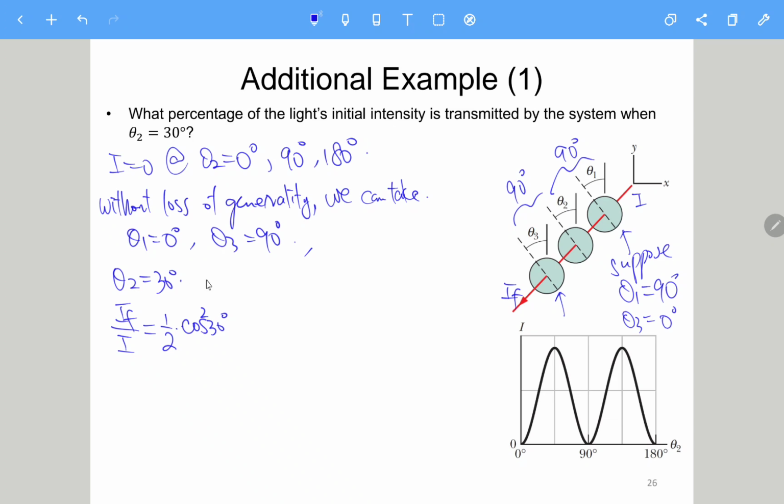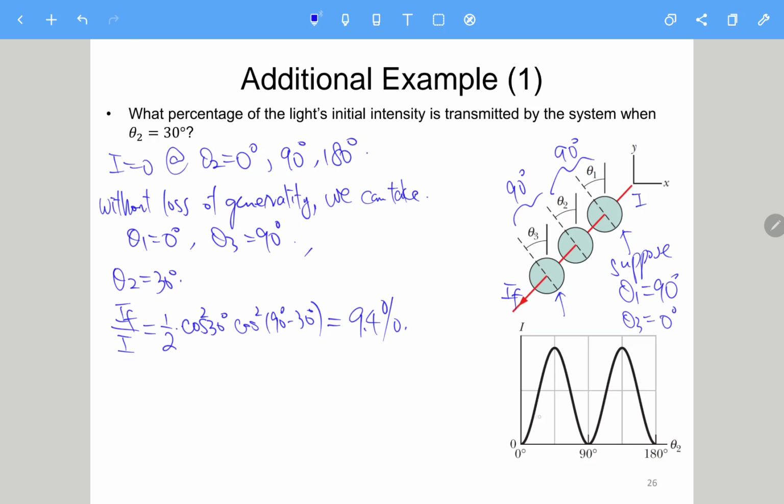And then between theta 2 and theta 3, there is 60 degree between them, so we need to multiply by cosine square of 60 degree. Or you can regard it as 90 degree minus 30 degree. Okay, so actually we get the same answer as before, which is 9.4%.